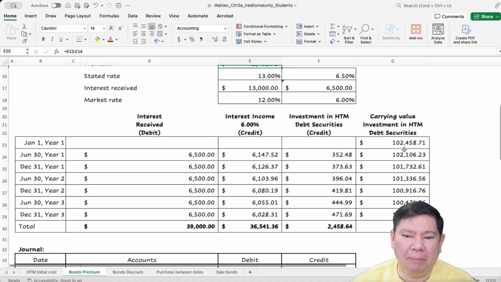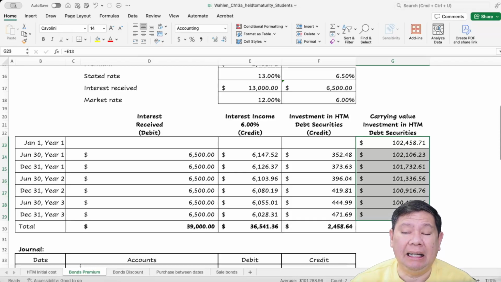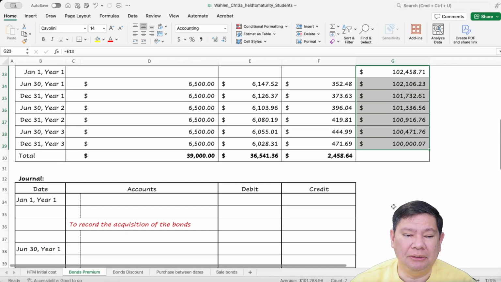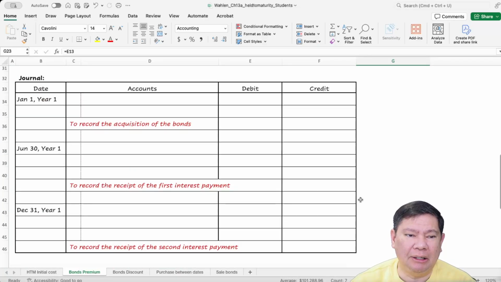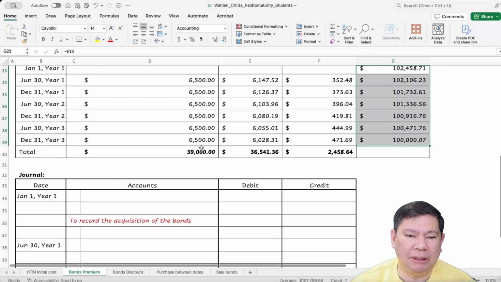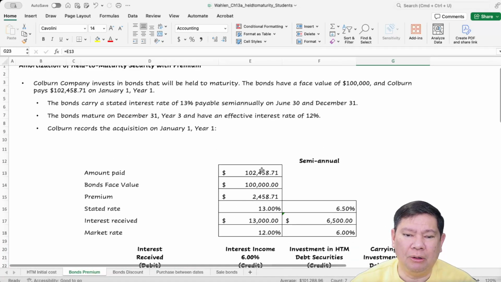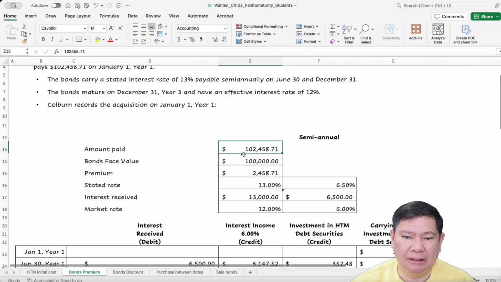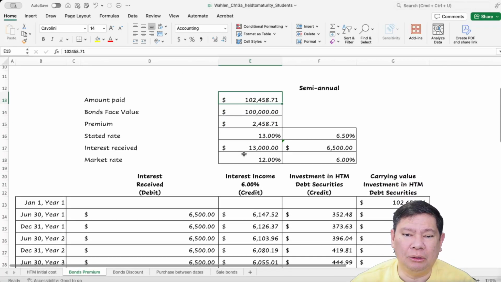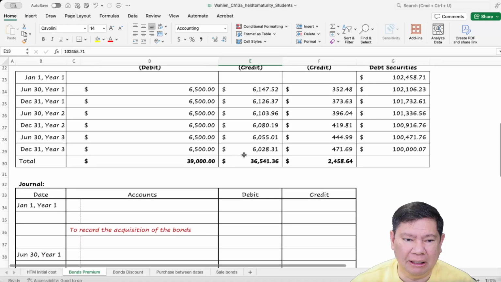So once we prepare this, these are the amounts that we have to report on the balance sheet at the amortized value. Okay, so let's take a look at the journal entry. On January 1st, to record the acquisition of the bonds, we're going to record it based on the historical cost, 102,458.71.